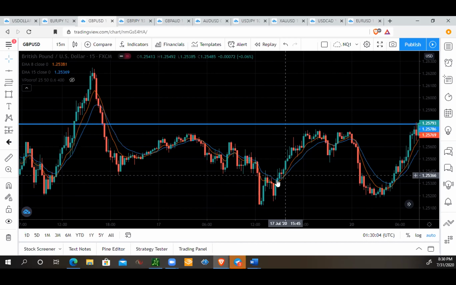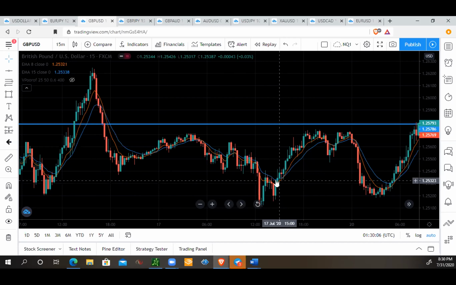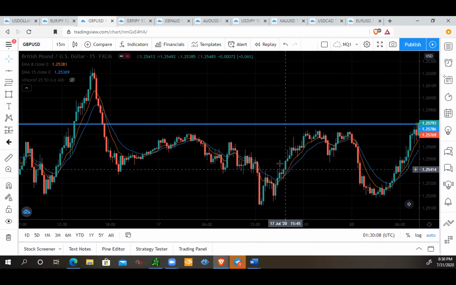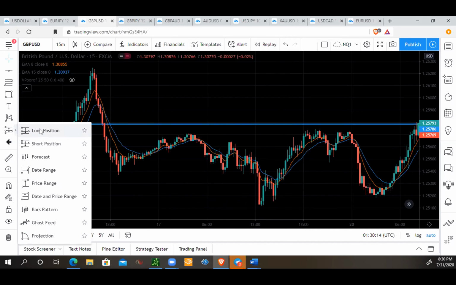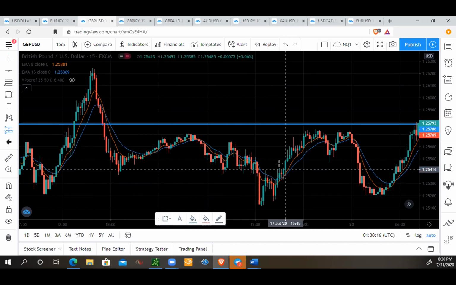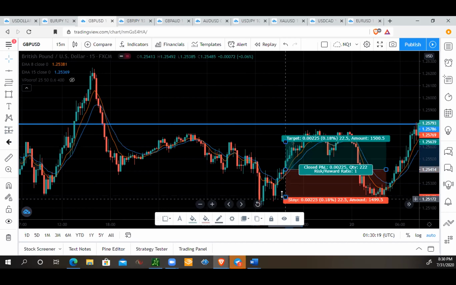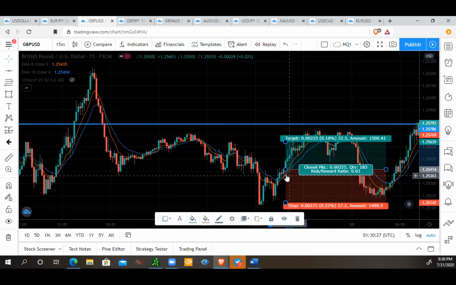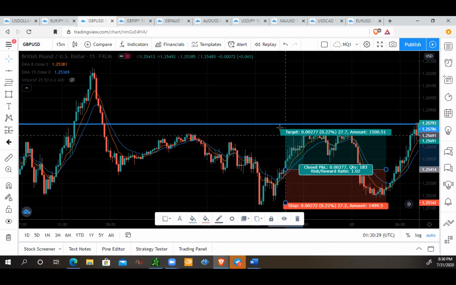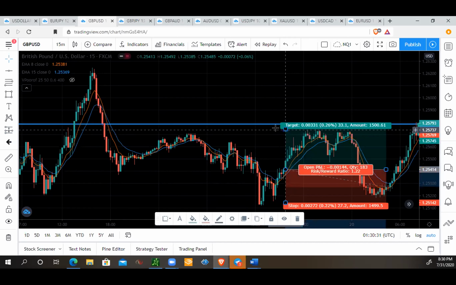Once the 8 crosses the 15 and I've got a bullish candle, whenever I enter right there, price never comes back to the last lower high, on whatever chart, whatever time frame.